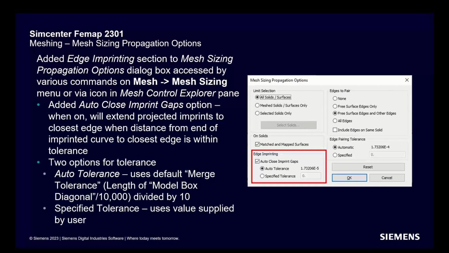For example, if you have mid surfaces that are not exactly touching, kind of like I was talking about earlier, instead of using the geometry mid-surface extend command to get intersections and then non-manifold add and then delete off all the sliver surfaces to get a nice clean intersecting solid, this will help with things like that. Instead of doing all that work, you can just use the edge imprinting options here, and Femap should take care of that for you.